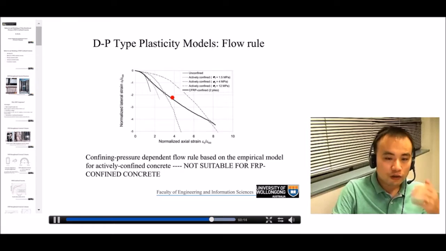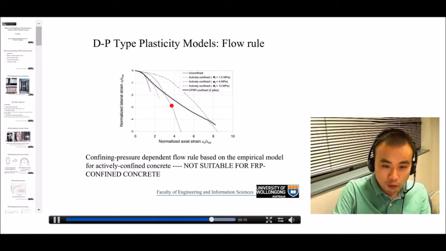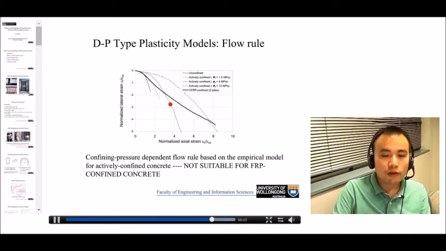However, the tangential directions of these two curves are quite different. Okay? So the actively confined concrete basically has a larger slope at the intersection point. If your model is based on actively confined concrete test results, then it will overestimate the direction angle for FRP-confined concrete, right? Because the flow rule determines the tangential direction, not the secant direction, of the plastic deformation.